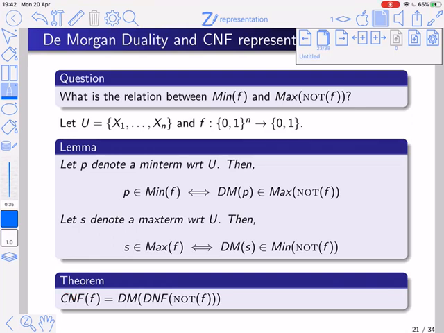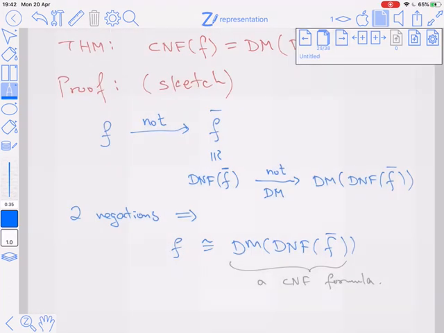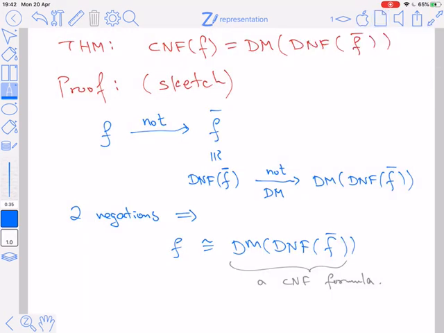Good. So let's prove this theorem. I'll prove it with a sketch. This is not a mathematically rigorous proof, but we've done enough proofs, so I think you can complete the missing details. Okay, so given f, let's apply negation to obtain the negation of f.